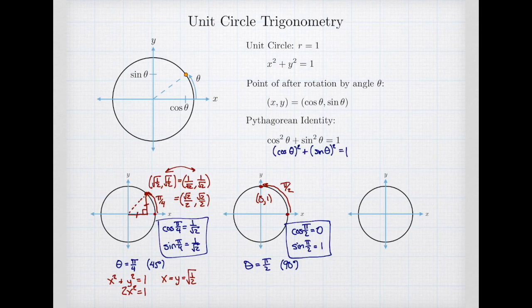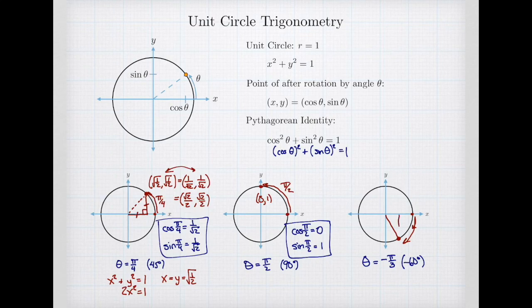Okay, for our last example, let's look at an angle that's negative. So I'm going to look at an angle that's negative pi over 3. So this is negative 60 degrees. Because I'm going in the negative direction, I'm going to be going clockwise, and 60 degrees is about there.